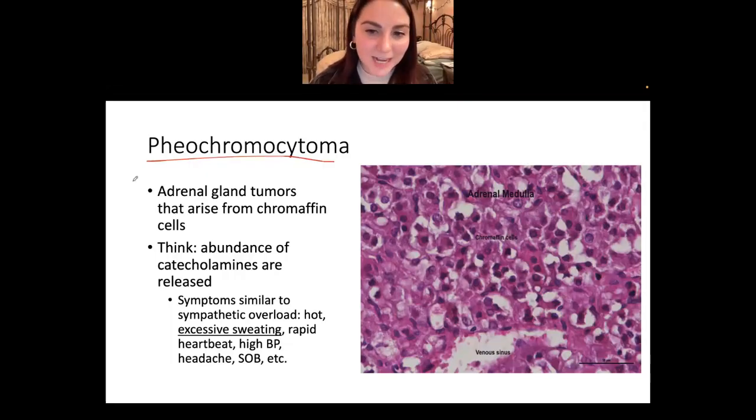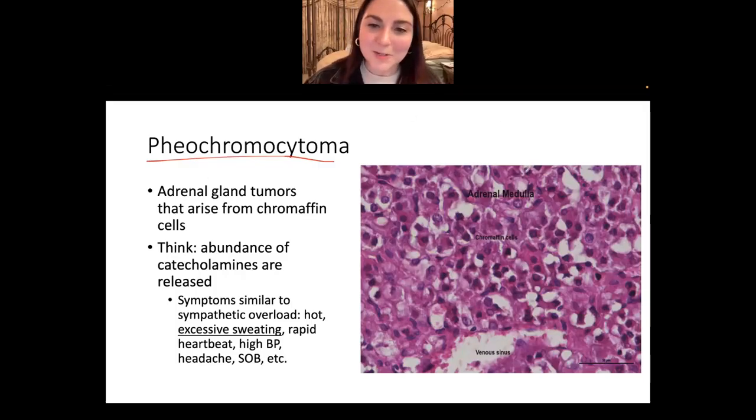And why I kept emphasizing that chromaffin cells are basically just sympathetic neurons is that the symptoms of a pheochromocytoma are just catecholamine excess, epinephrine and norepinephrine excess. So think about someone that's hot, excessively sweating, with hypertension, a rapid heartbeat, a headache, and shortness of breath. Just think of someone that just exercised for 3 hours, but they're just sitting there and then this happens. That's a pheochromocytoma.